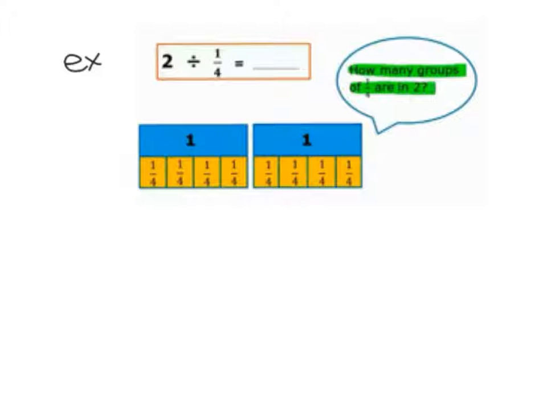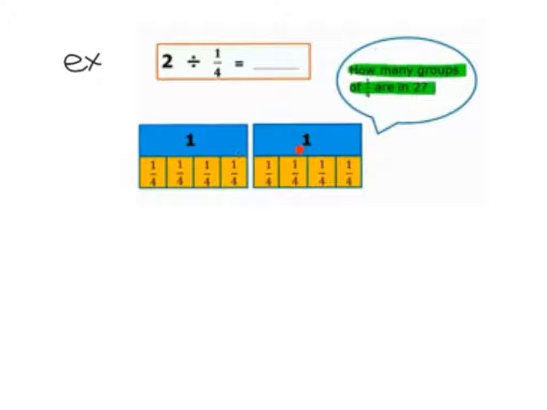Okay, so here's your first example. It's very important that you draw these pictures accurately so you can go back and refer to them later. If you have 2 wholes divided by 1/4, another way to think about this is how many groups of a fourth are in 2. If you have 2 wholes, that's the blue bar, and you divide it by a 4th piece, how many fourths are in the 2 wholes?